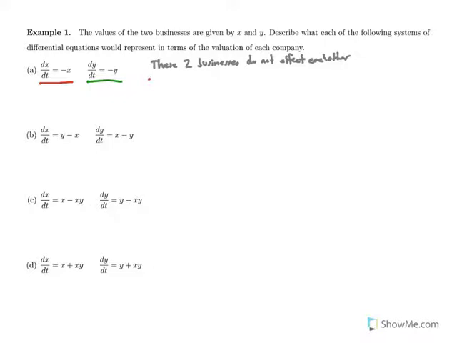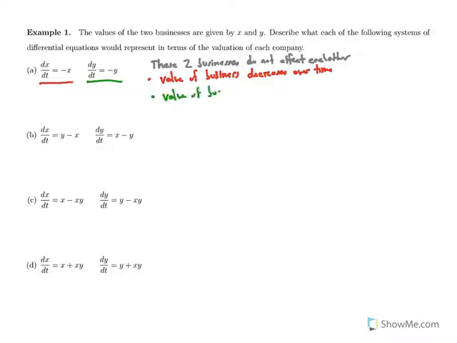We can say that in the first one, business x, the value of this business decreases over time. It's going to decrease at a rate proportional to its population. It's going to decrease because of that negative constant. And same thing with the other business.